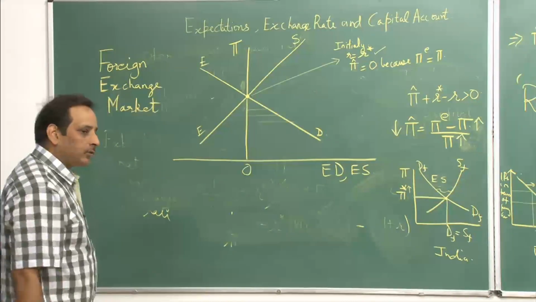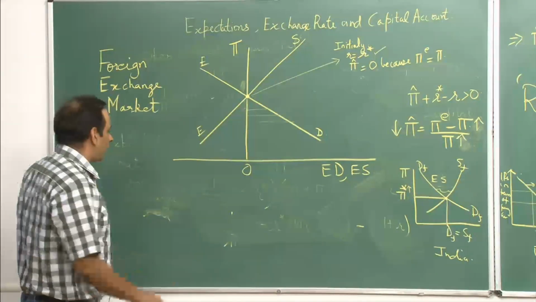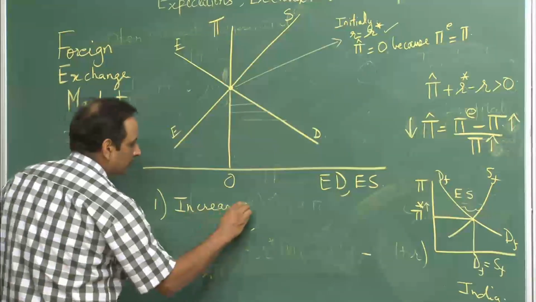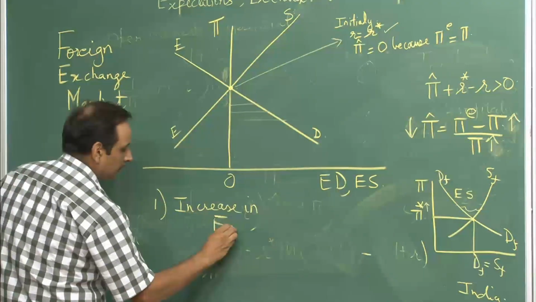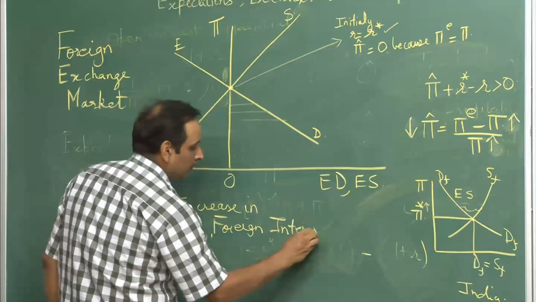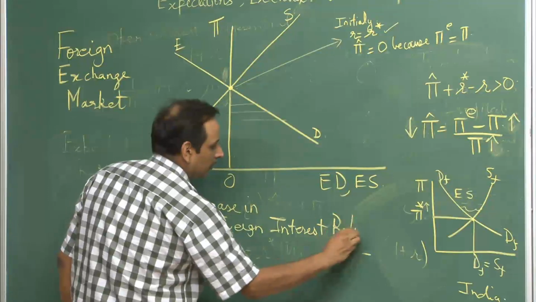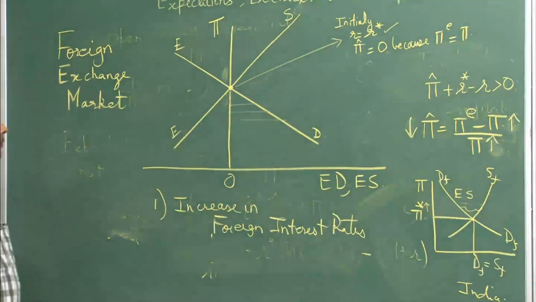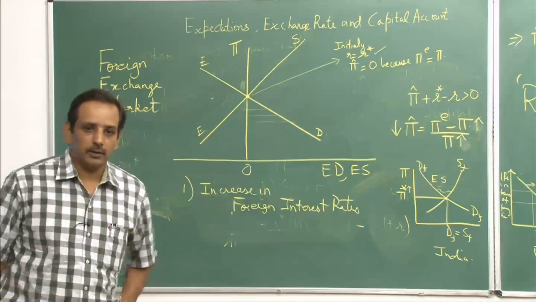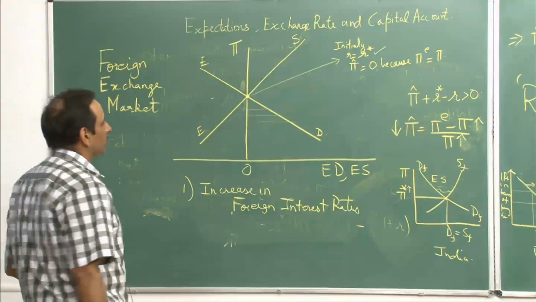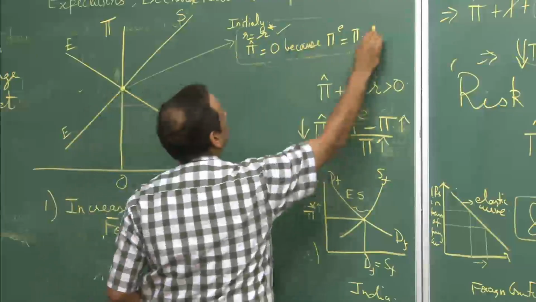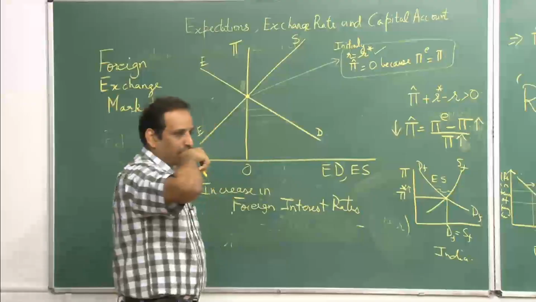Now, let us see two things happening, the impact of an increase in foreign interest rates. If there is an increase in foreign interest rates, this was the situation in equilibrium.